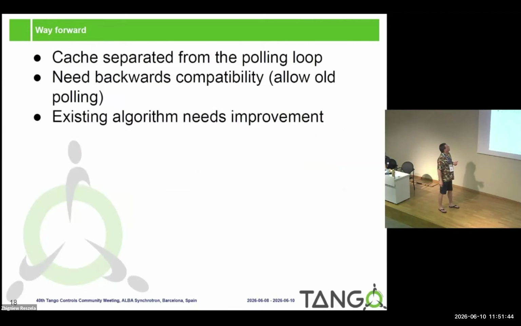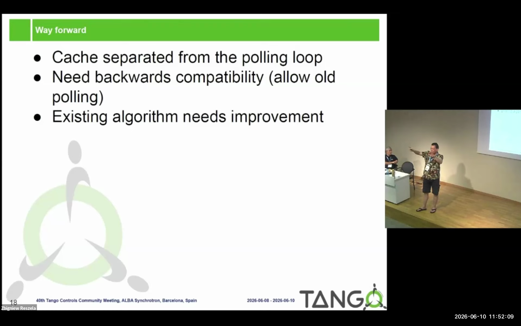So what we said is, look guys, let's split everything up. We fill the cache, one job. We obviously have to be backwards compatible, another job, right? Allow old polling. And let's get the algorithm really straight and good and performing.